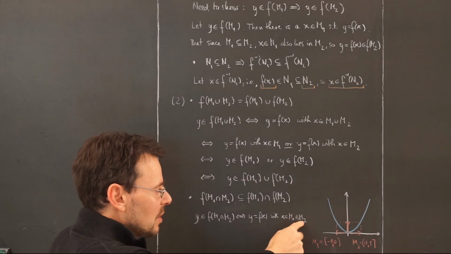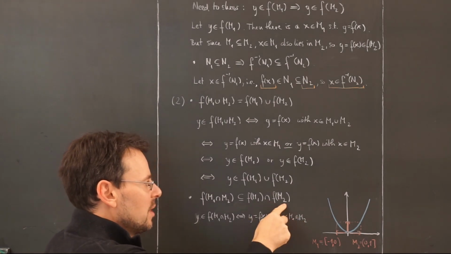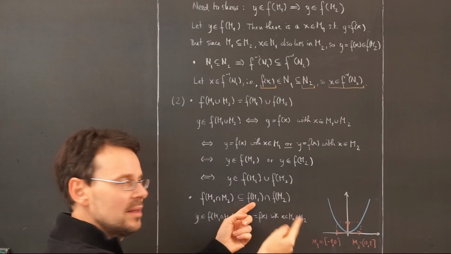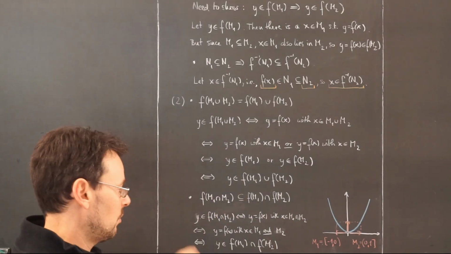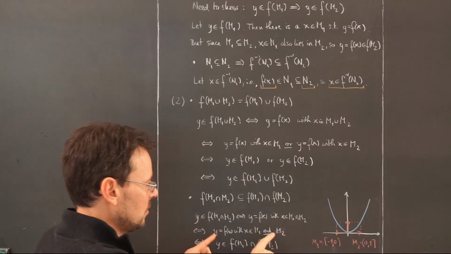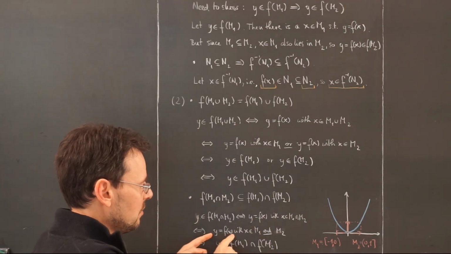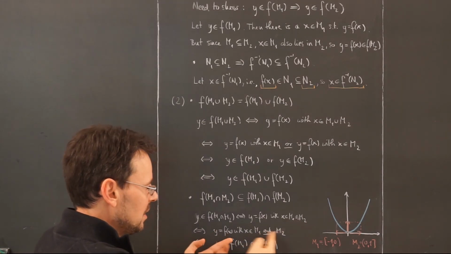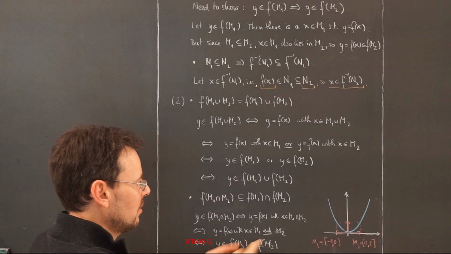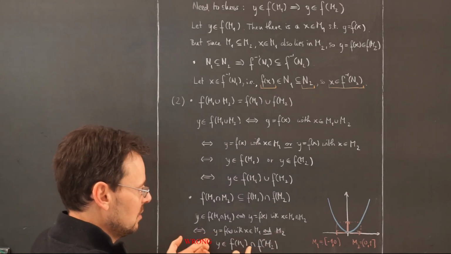And because it also lies in M2, y is also an element of this, thereby lying in this intersection here. Okay, I'm running out of camera time and space here, so what I just said: y is of this form with x lying in M1 and M2, and this means exactly that y lies here and lies here, because it is of this form.